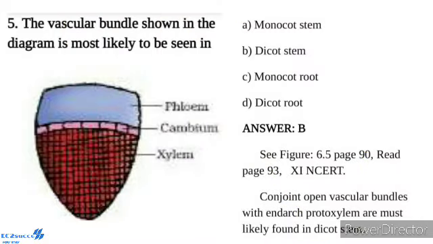Fifth question. The vascular bundle shown in the diagram is most likely to be seen in. The diagram shows conjoint open vascular bundles. The vascular bundles which contain both xylem and phloem are called conjoint vascular bundles.